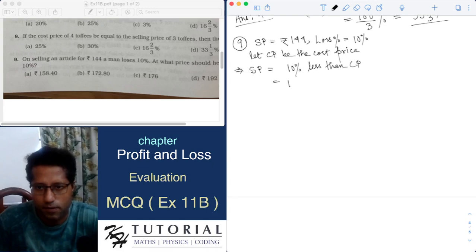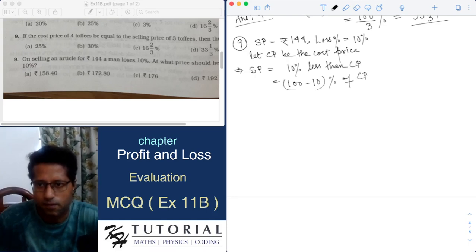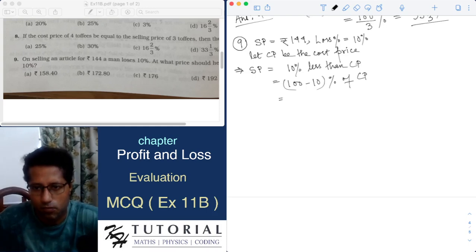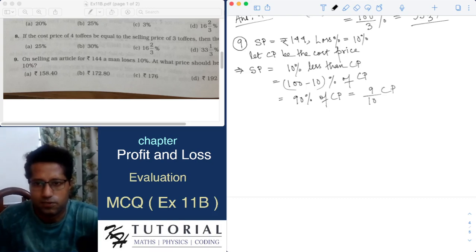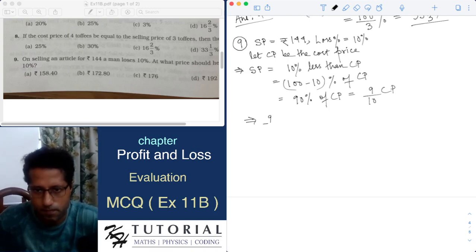This is 100 minus 10% of CP. This is equal to 90% of CP. This is 9 by 10 CP. Now this is the selling price, and the selling price is already given to be rupees 144. So we can say that 9 by 10 CP equals 144.